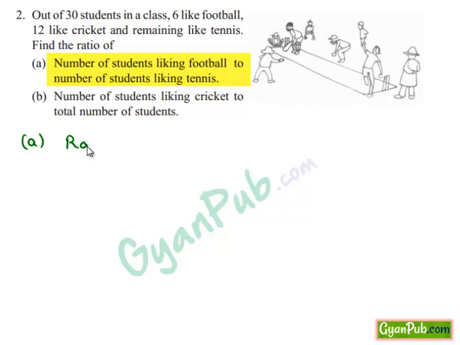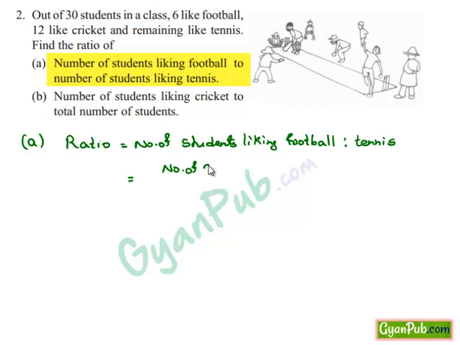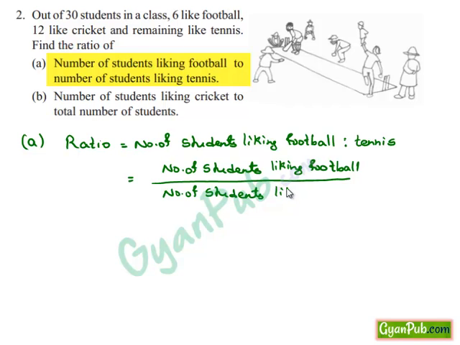That is, ratio is equal to number of students liking football to, that is, football is to tennis. This can also be written as number of students liking football upon number of students liking tennis.